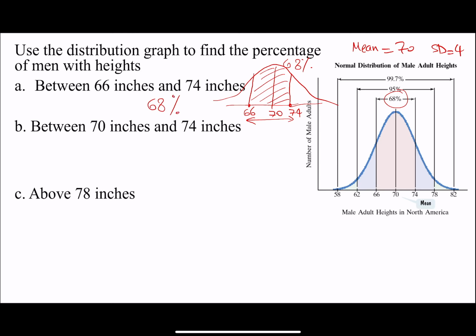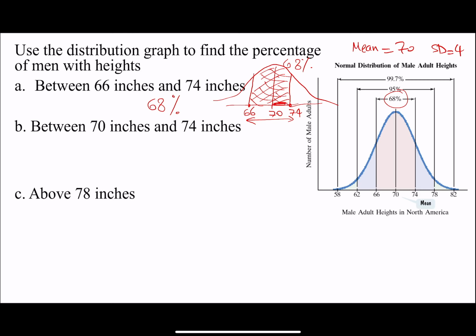What about part B? It says between 70 and 74. Guys, if you look at the graph that we just covered, from 66 to 74, we have 68%. And we have a symmetric shape, right? Now part B says between 70 and 74.